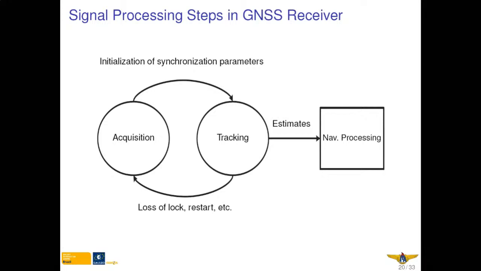This process also finds out what kind of satellites are available and can be received by the receiver, and then the tracking with the DLL and also with other parameter tracking methods for carrier phase and Doppler shift are initialized, and all the satellites are tracked continuously until we lose lock, for example.